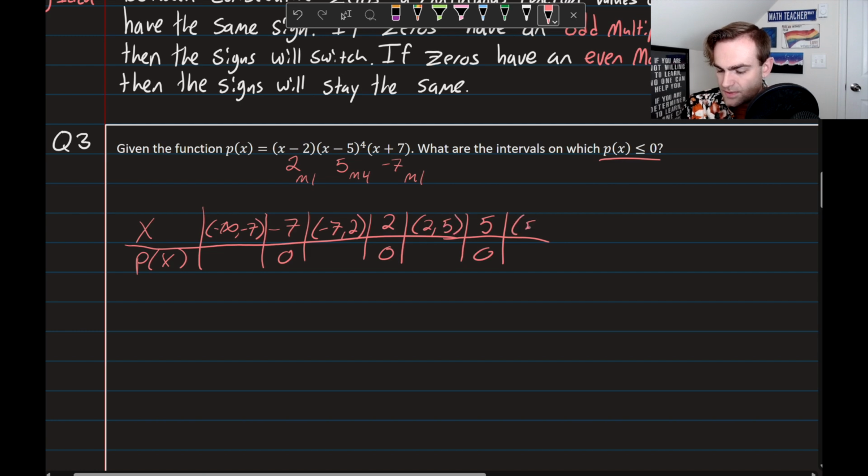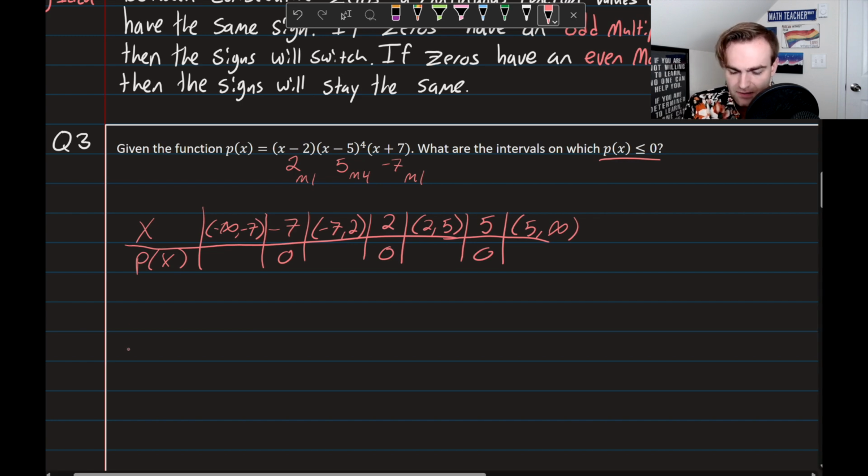For these intervals here, we know that they're all going to have the same sign because they're between zeros or on the ends, right? So I'm going to find what the sign is for any of them. It really doesn't matter. In fact, let's make life easy and do something simple like 0.